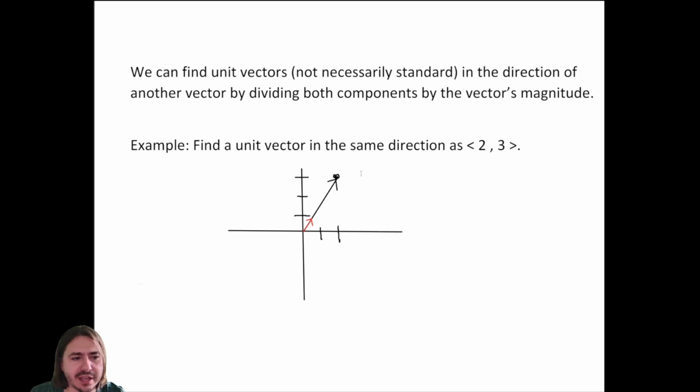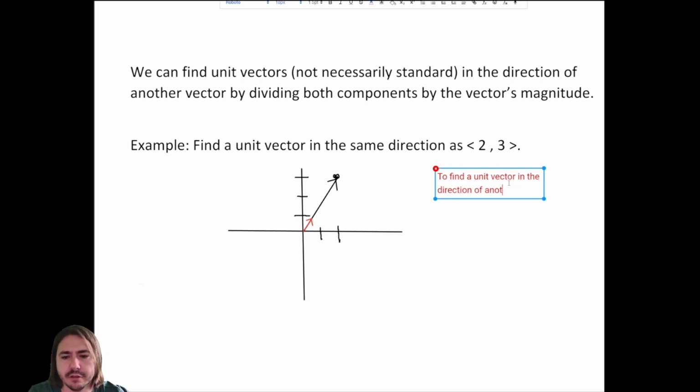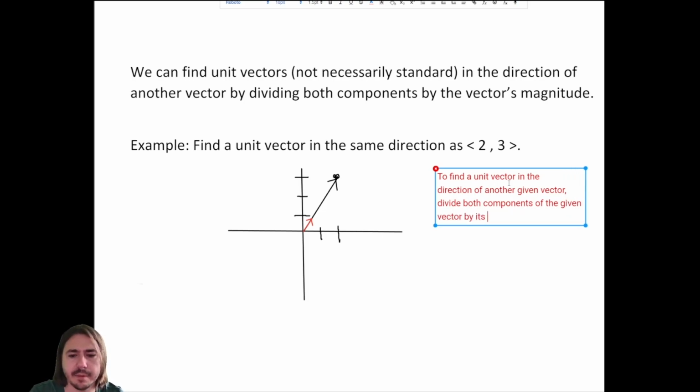So to keep it short and sweet, to find a unit vector in the direction of another given vector, divide both components by its magnitude.